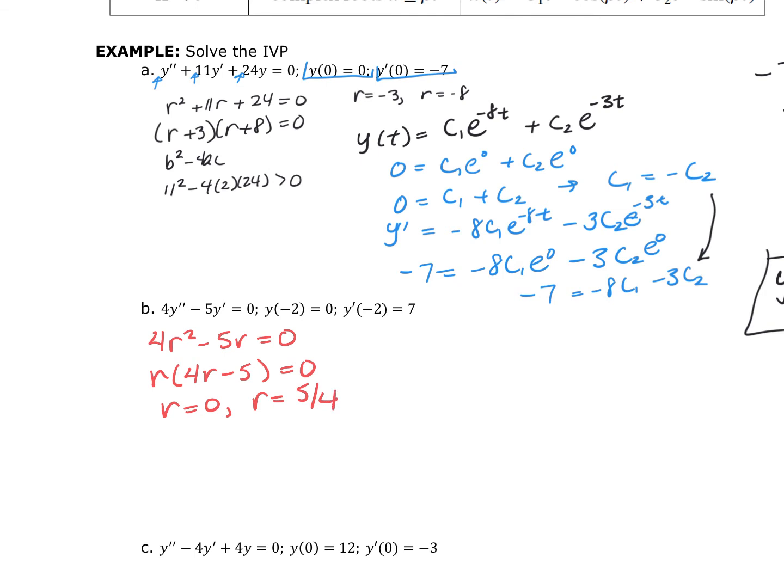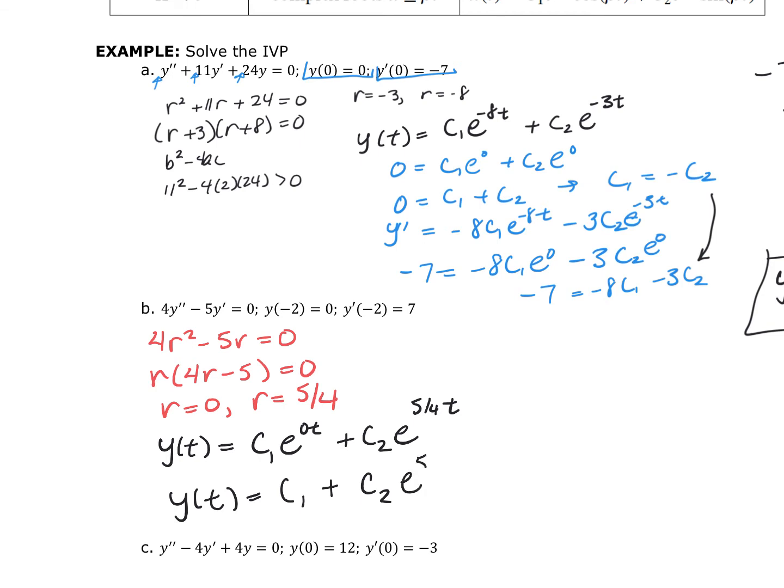And from this, I'm going to get my y of t is equal to c sub 1 e raised to the 0t plus c sub 2 e raised to the 5/4 of t. So in other words, y of t is equal to c sub 1 plus c sub 2 e raised to the 5/4 of t.